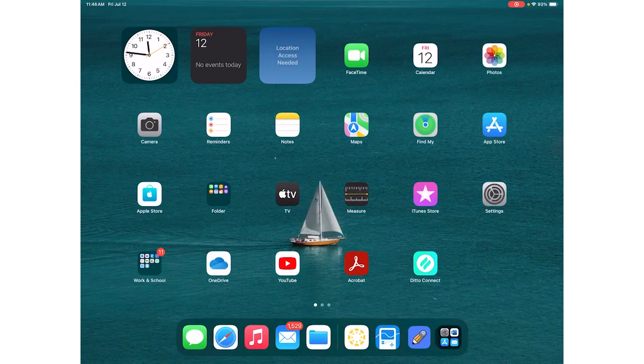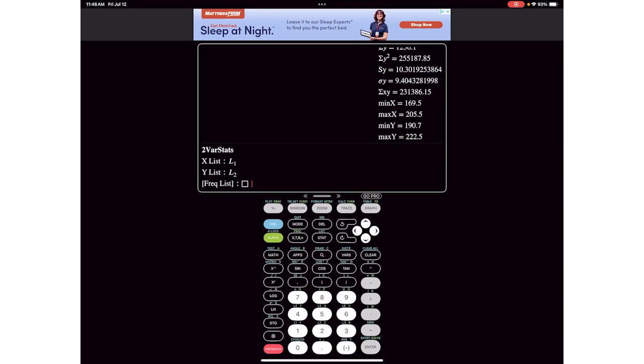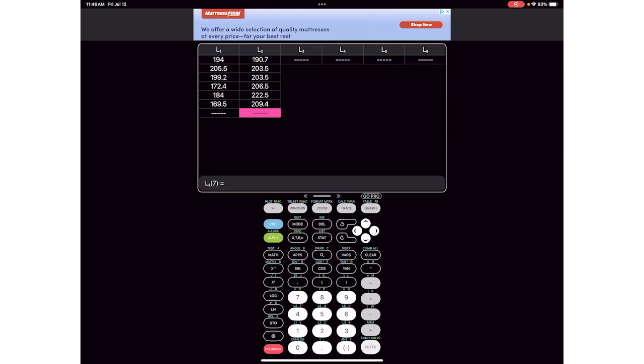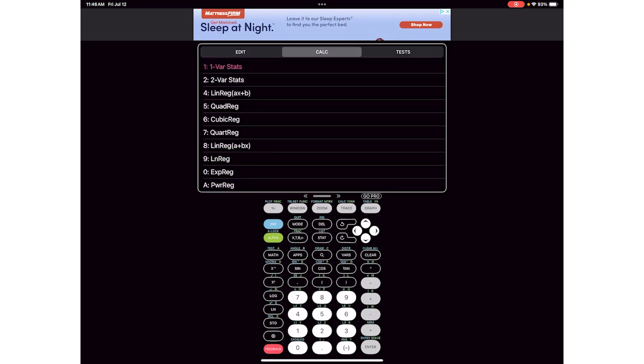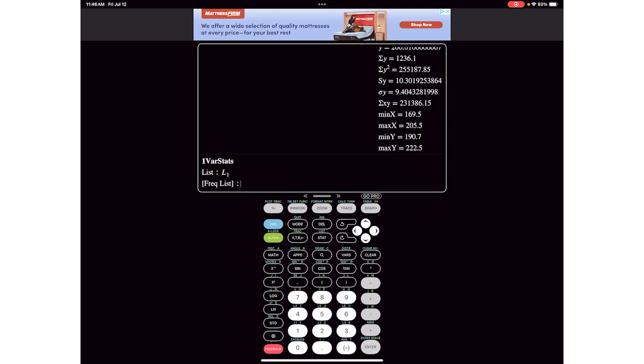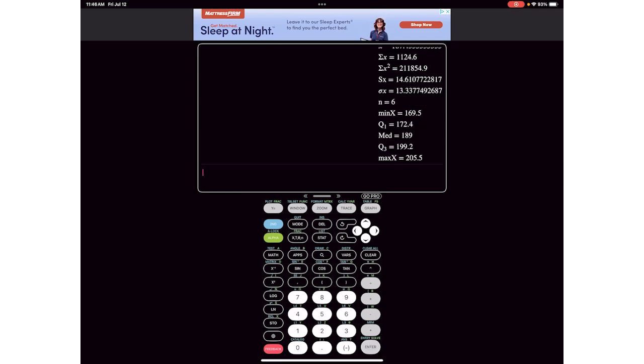So in other words, when you're typing it in, after you had your list here, okay, so you're in your list, you type it all in, then you're ready to perform the calculations. When you go back to stat and go to calc, choose 1-variable stat, and you're going to have to do it for each of them. So you would go to 1-variable stat, and then your list is L1, and then hit enter.